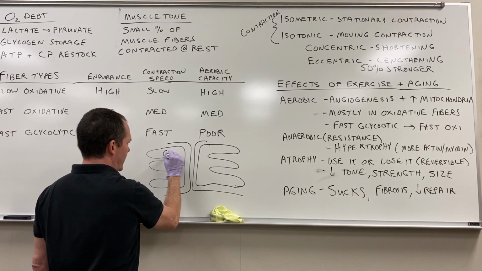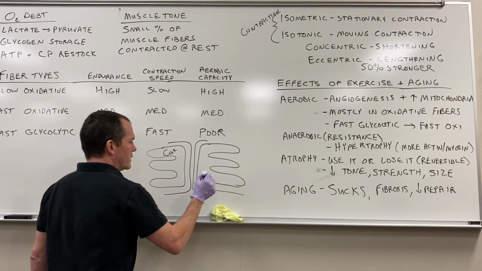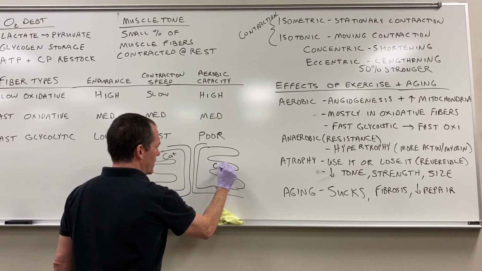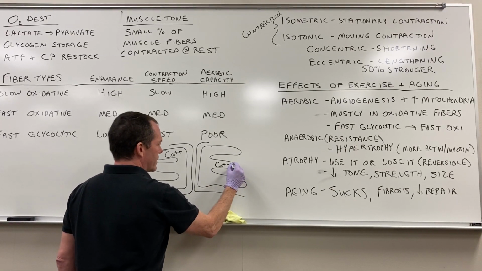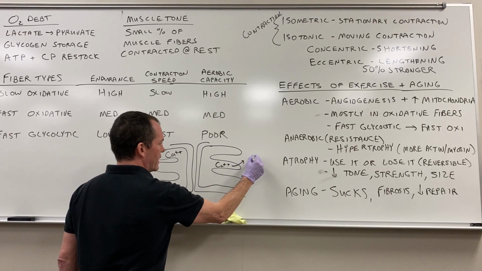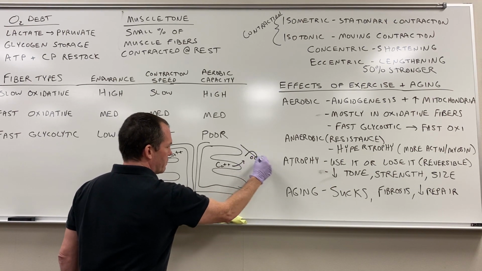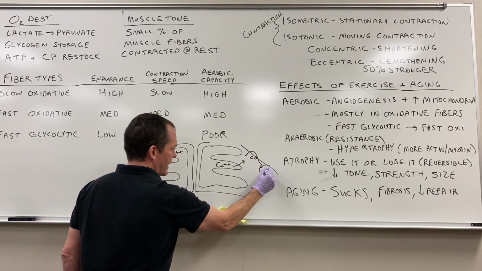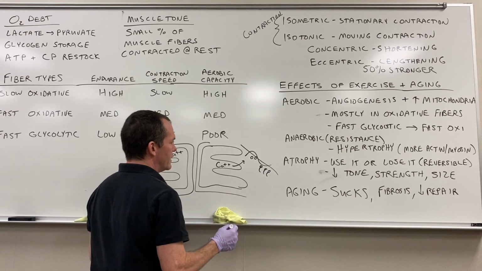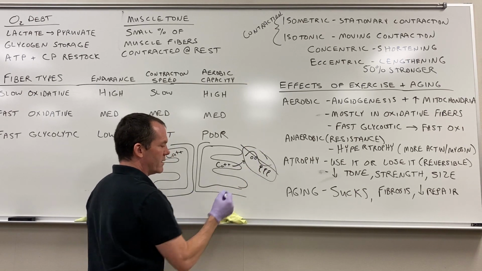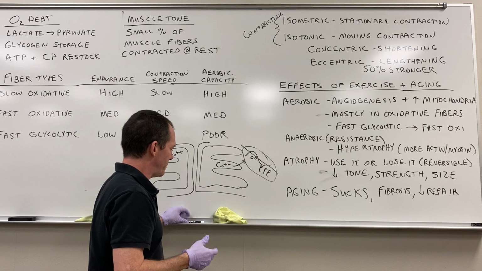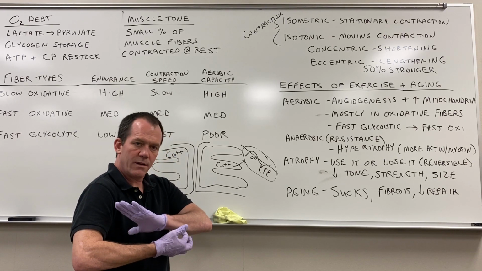And I said that it's got calcium. Well, the calcium leaks out and activates troponin, which moves tropomyosin, which opens up the binding sites, which lets myosin attach, right? So as long as calcium's out here in the sarcoplasm, these guys can do this.